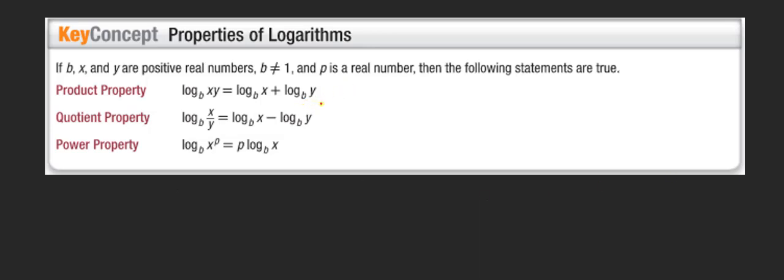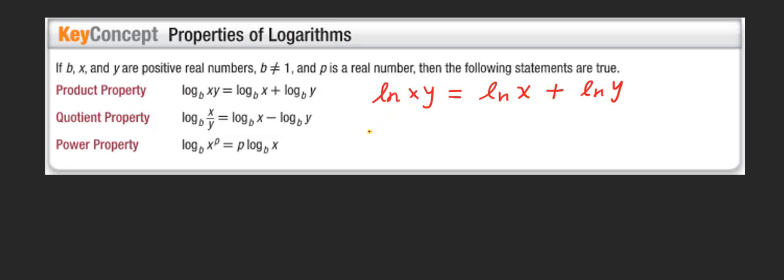Now, this property applies to natural log as well. So let's say you got natural log of x y. Then that's going to be equal to natural log of x plus natural log of y. This is the product property of natural log.